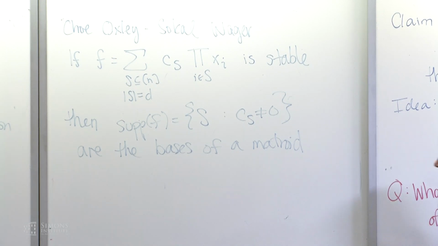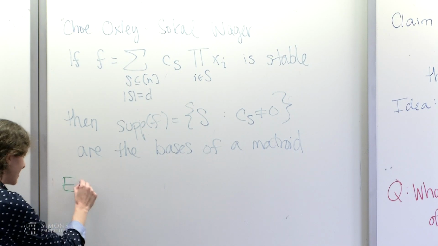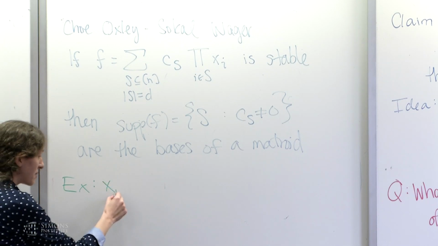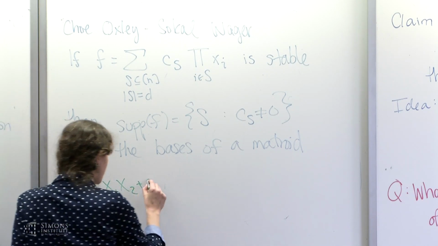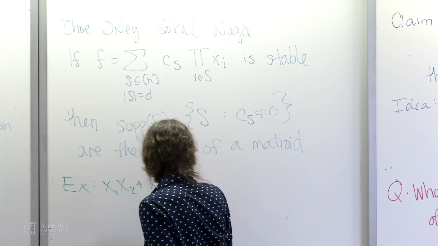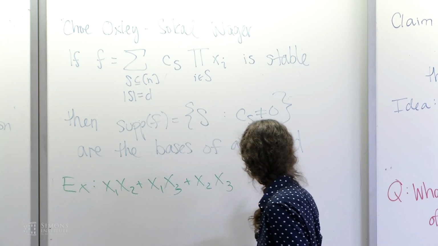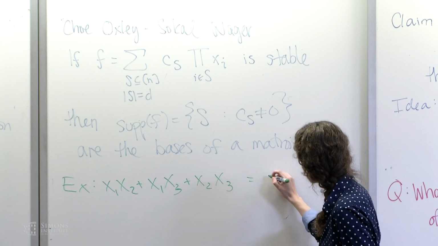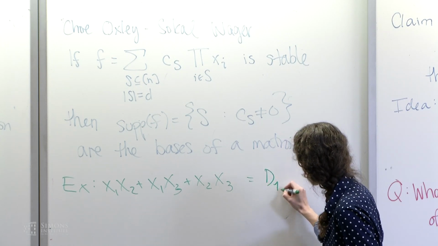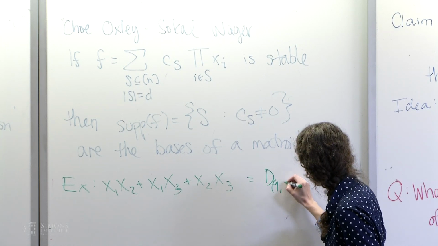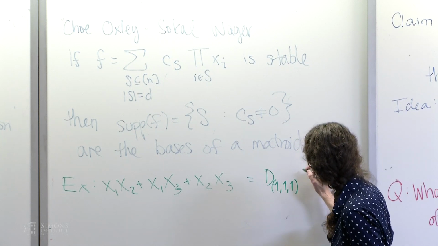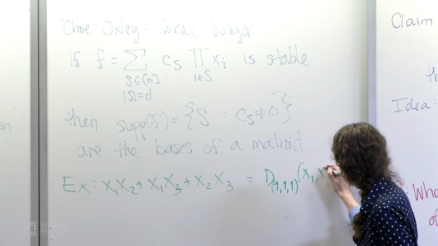This is a theorem that I like a lot. And you can ask the natural question, well, for example, the elementary symmetric polynomials are beautiful stable polynomials. So you can get up to a constant by taking the directional derivative of just the product of the variables.